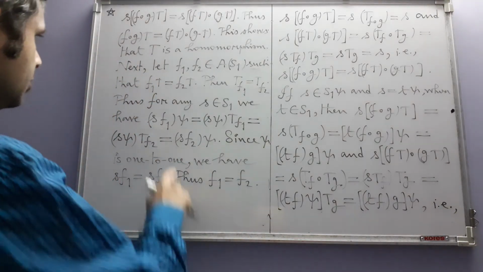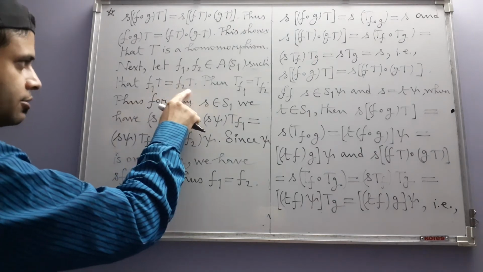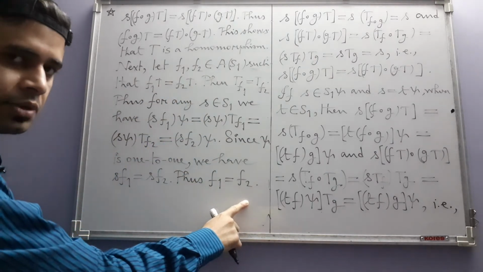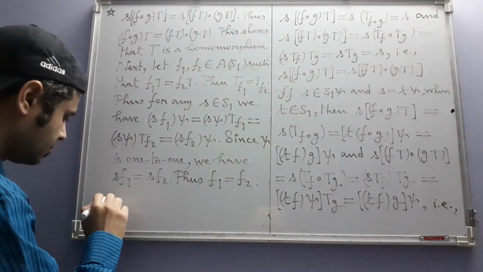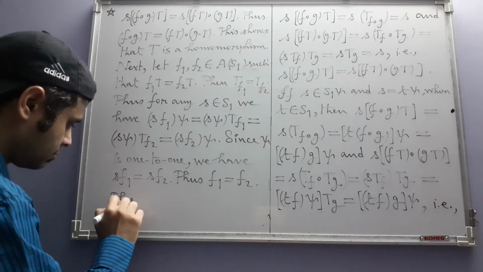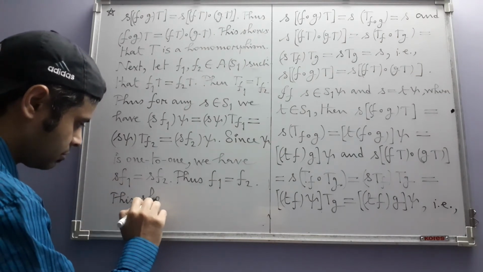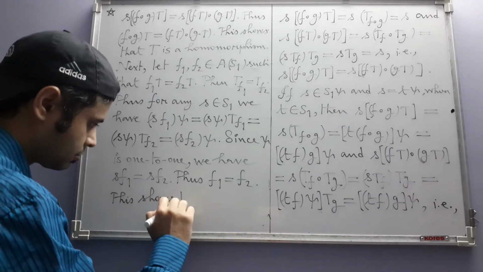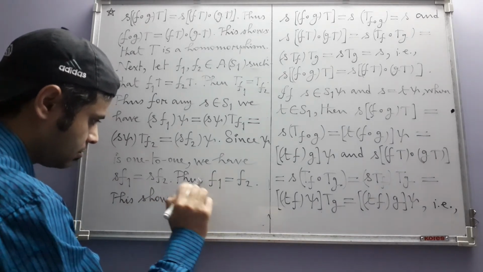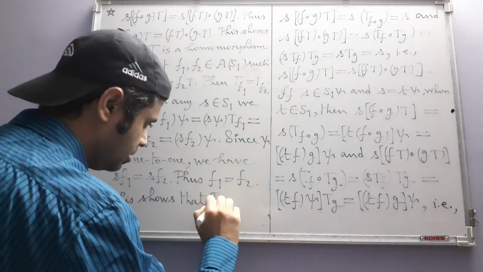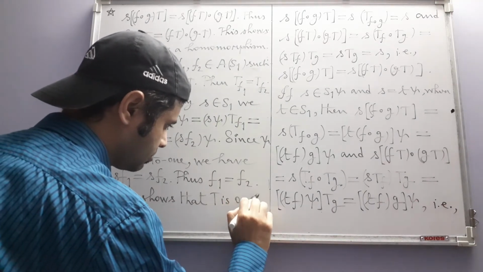So that's it. We assumed TF1 equal to TF2. We have proved that F1 is equal to F2. This shows that T is 1 to 1.